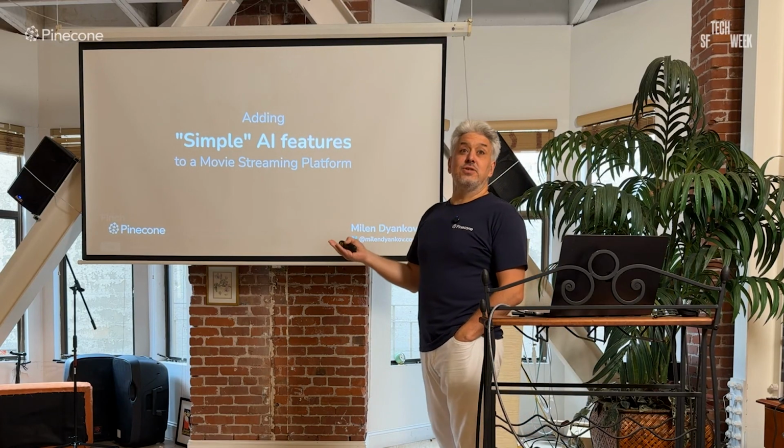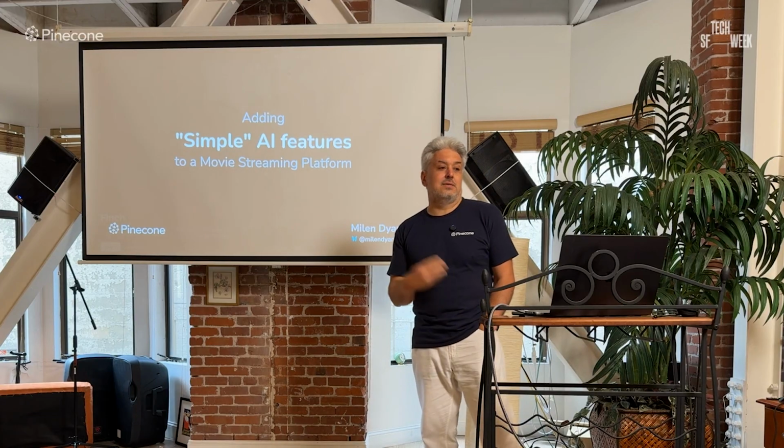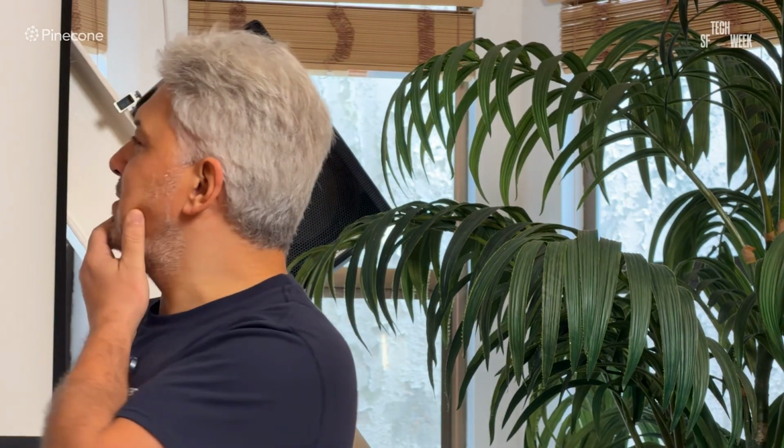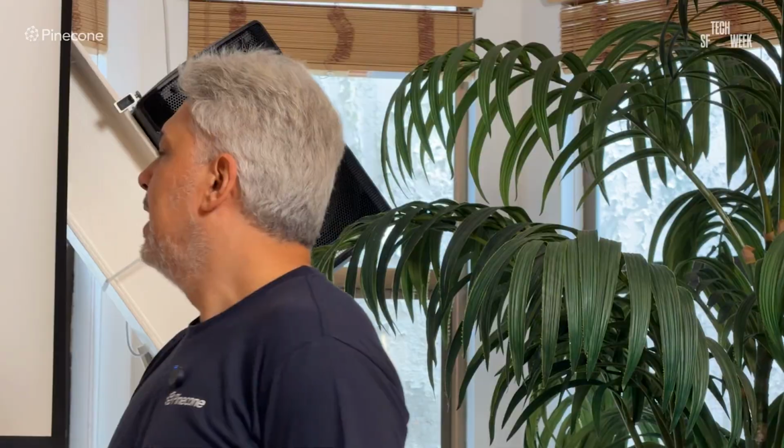And add some features to it using things like semantic search and all the AI stuff that we currently are so happily putting everywhere, where it belongs and where it doesn't. So I'll talk about that for a while. Hope that's going to help you establish a mental model of how you can apply that in whatever it is that you're working on.